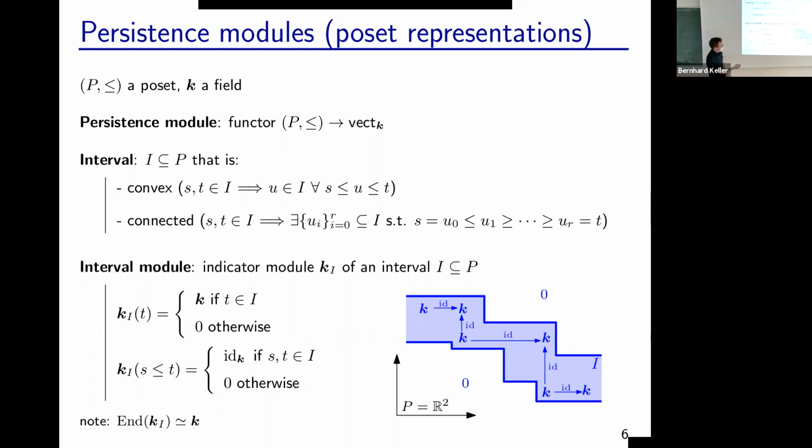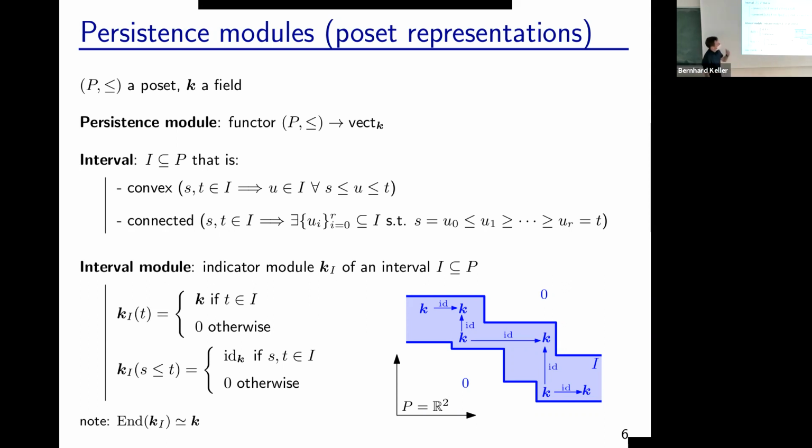For instance, if you take the poset R^2 with the product order, an interval would look like a band in between two staircases. The corresponding indicator module has spaces equal to 0 outside the interval, and equal to copies of the field inside the interval, connected by identity maps.